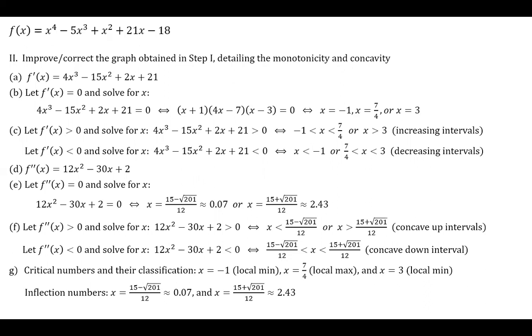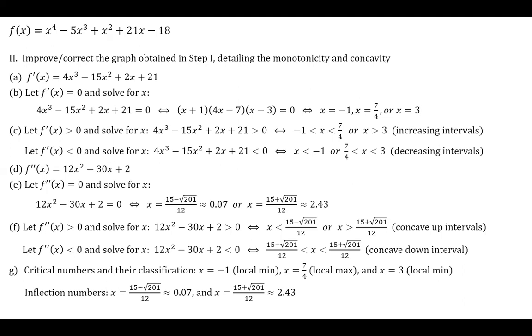Then we let the first derivative equal 0 and solve for x. Again, you need to factorize the left side of the equation. Therefore, we have found 3 solutions, which are x equals -1, x equals 7 over 4, and x equals 3, right? Then we solve the inequality.